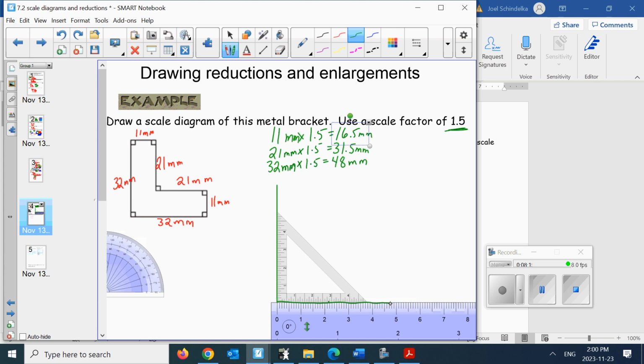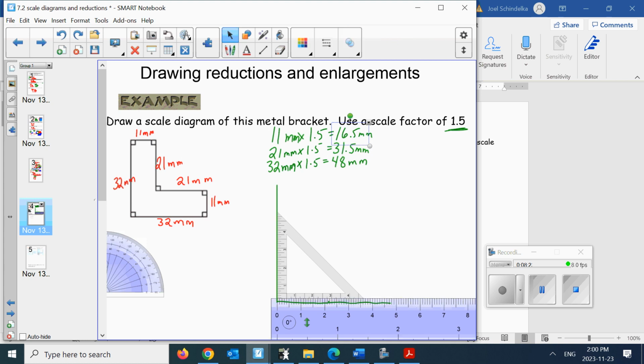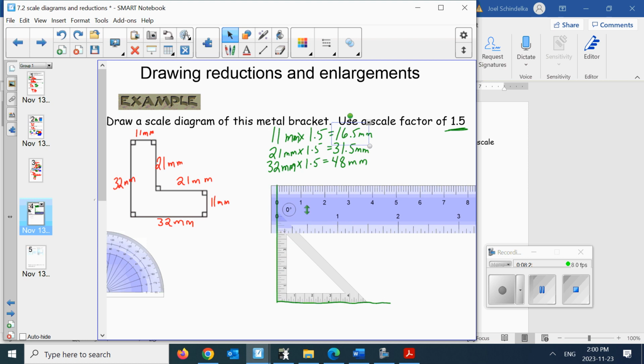And then, instead of 11, I'm going to draw 16.5. And I'm going to make sure it's on the 90. 16.5 is almost 17, right? There we go.